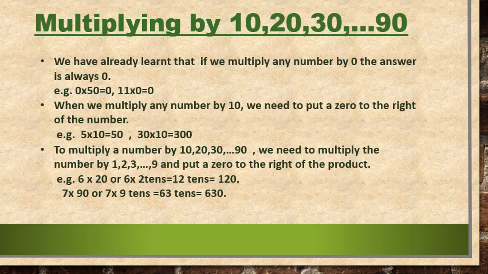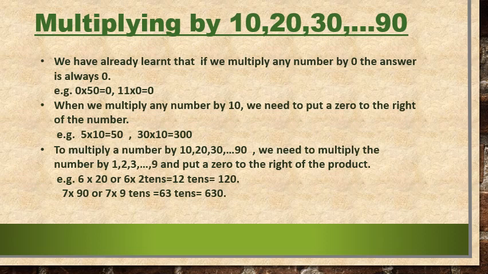Example, 6 into 20, or we can say it 6 into 2 tens, because we know 2 tens equal to 20. So 6 into 2 tens gives us 12 tens. 12 tens means 120. So girls, you understood?